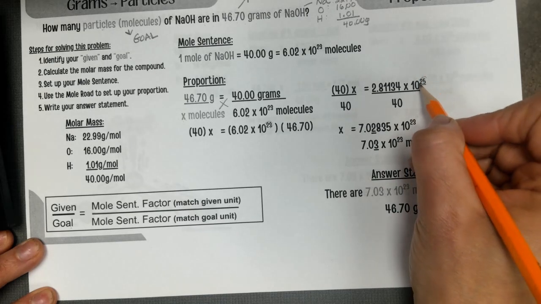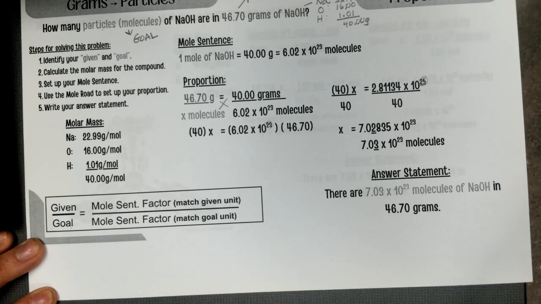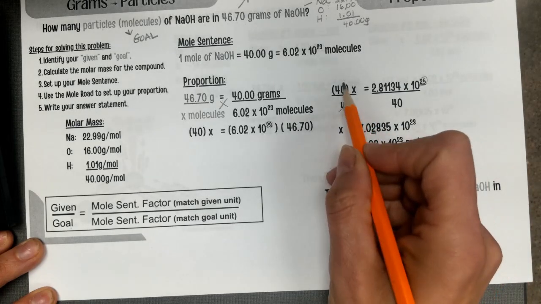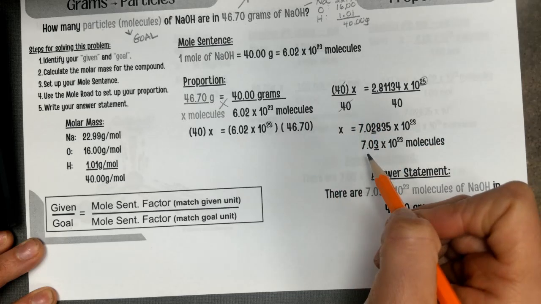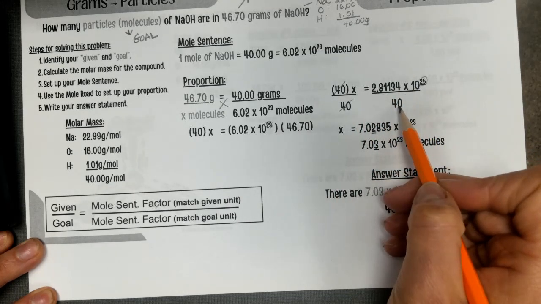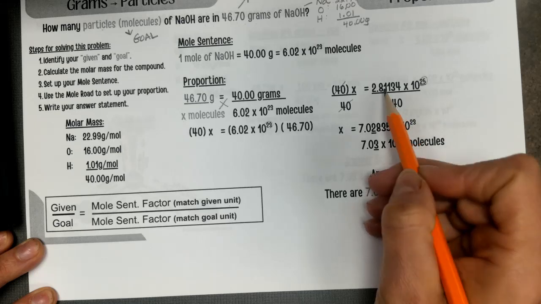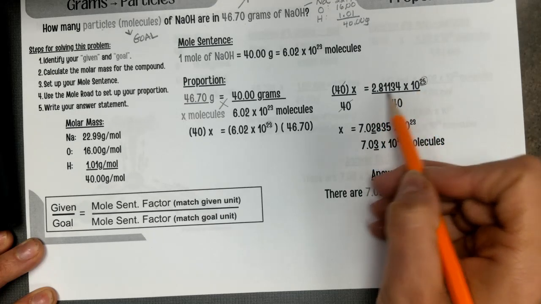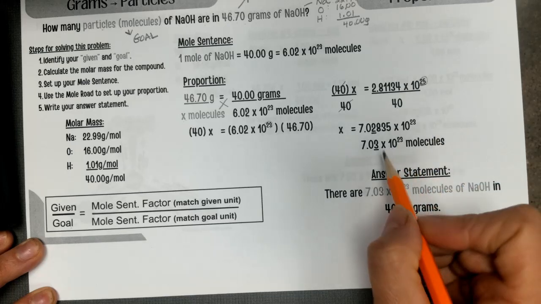So this makes sense. All right, now I'm going to divide both sides by 40 so I can isolate my x. So it's always your top number divided by your bottom number. So numerator divided by denominator.